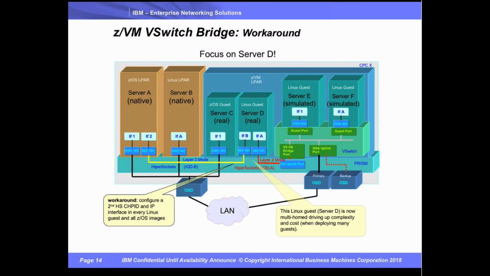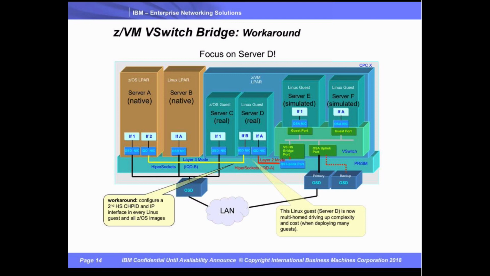Customers realize this has been the workaround or the solution for years, and that's just not so bad. Of course, it looks pretty obvious, except what if for server D you have a need to have 30 of those, or 60, or maybe a couple hundred of them? This issue about multi-home versus single-home IP addresses starts adding complexity for these administrators, and that's the problem. They'd really like to get that back to a single-homed guest virtual machine again, and that's been the incompatibility.